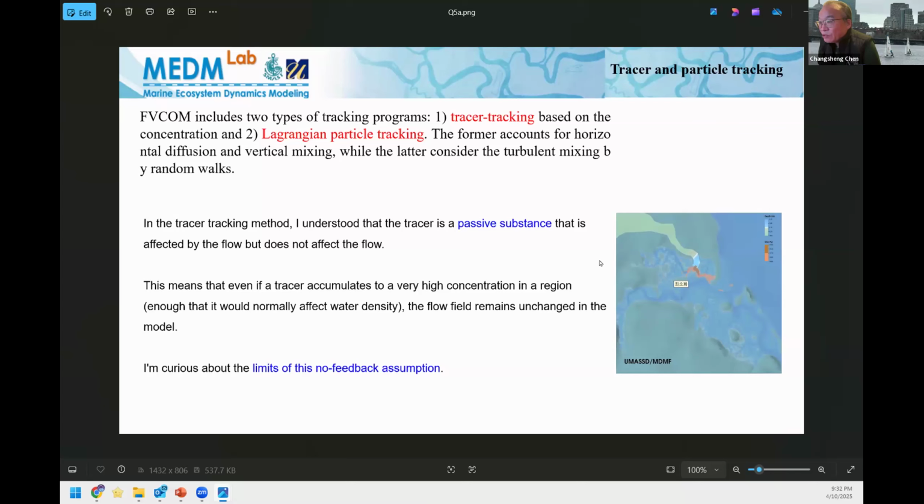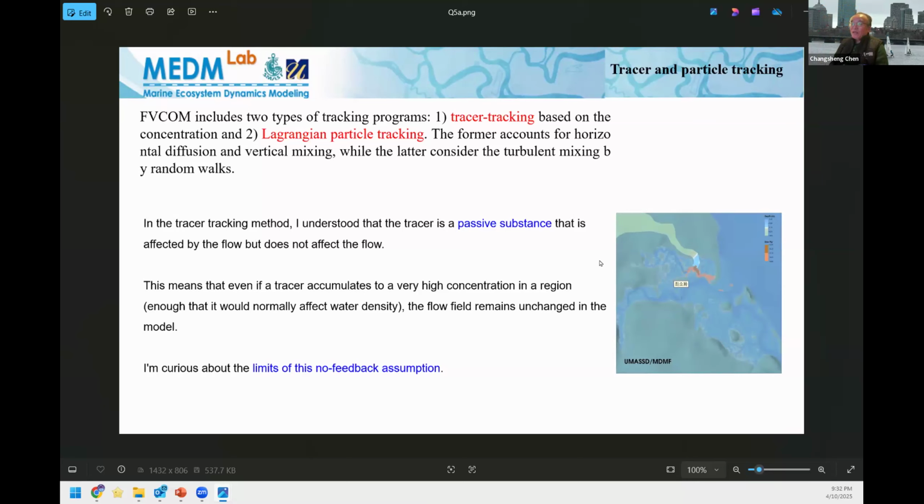But this means that even if the tracer accumulated to a very high concentration, it could normally affect density. That's different, because density is only affected by temperature and salinity. That is driven by the water movement.